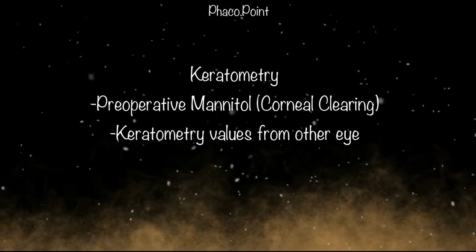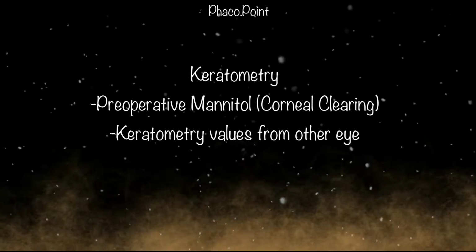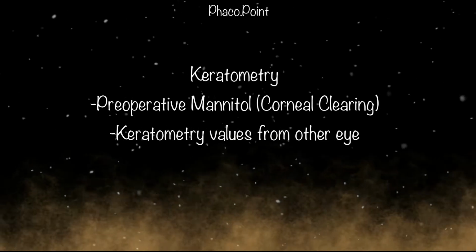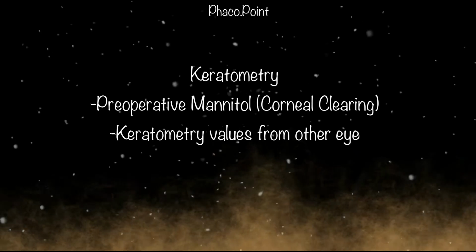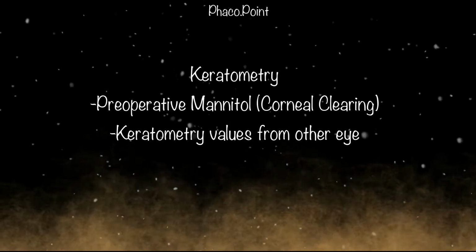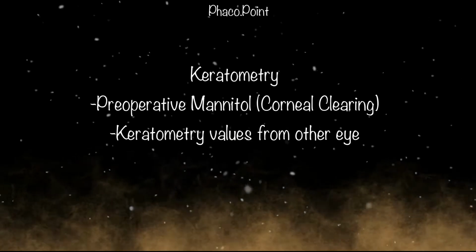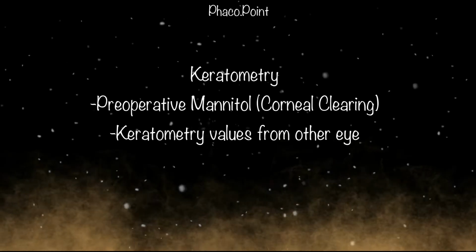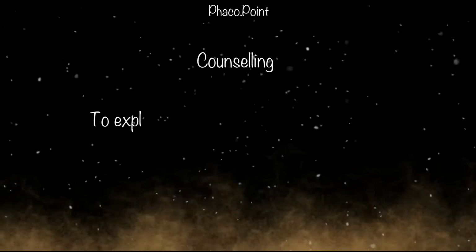Now, if I'm unable to get reliable keratometric readings and the patient gives me a history that his eyes have been completely normal in the past, that he's not had any significant refractive error in the past for distance, nor has there been a significant difference in the refractive status of both his eyes, I might take the keratometric values from the other eye to do the IOL power calculation.